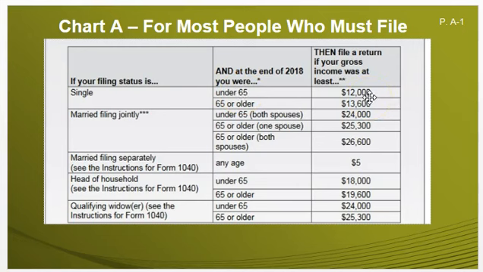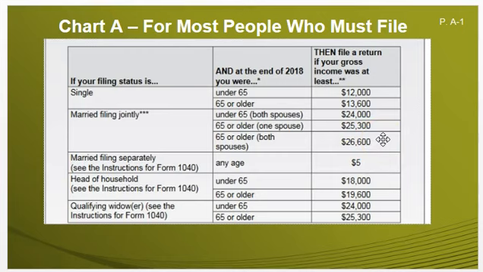They would not have to file a tax return unless there is something about this chart that says that they need to file. But our taxpayer generally, who is single, under 65, and has gross income under $12,000, would not need to file. So if we look at this list, we can see that you can make quite a bit of money as a taxpayer and not have to file taxes. Here we've got somebody who's married filing jointly. Both taxpayers are 65 or older, and they can make $26,600 before they would need to file.